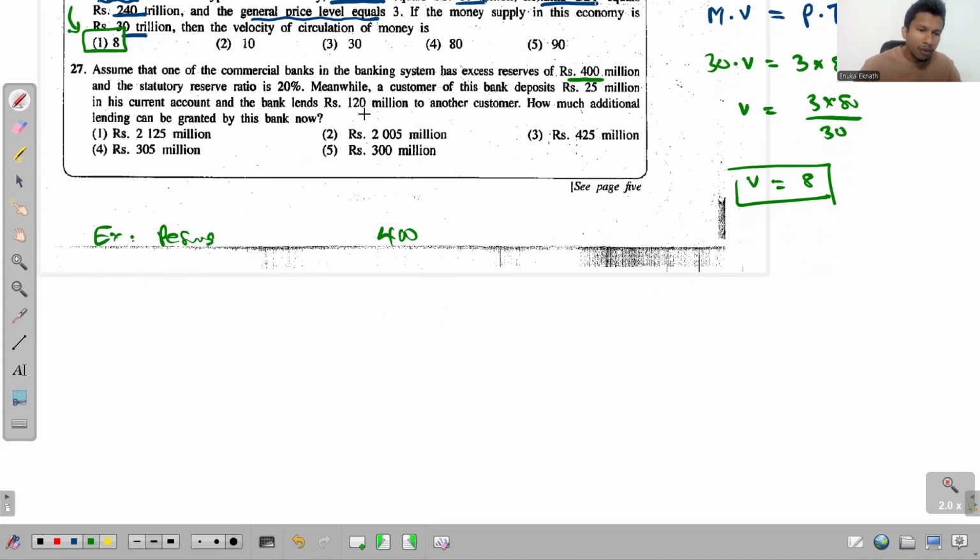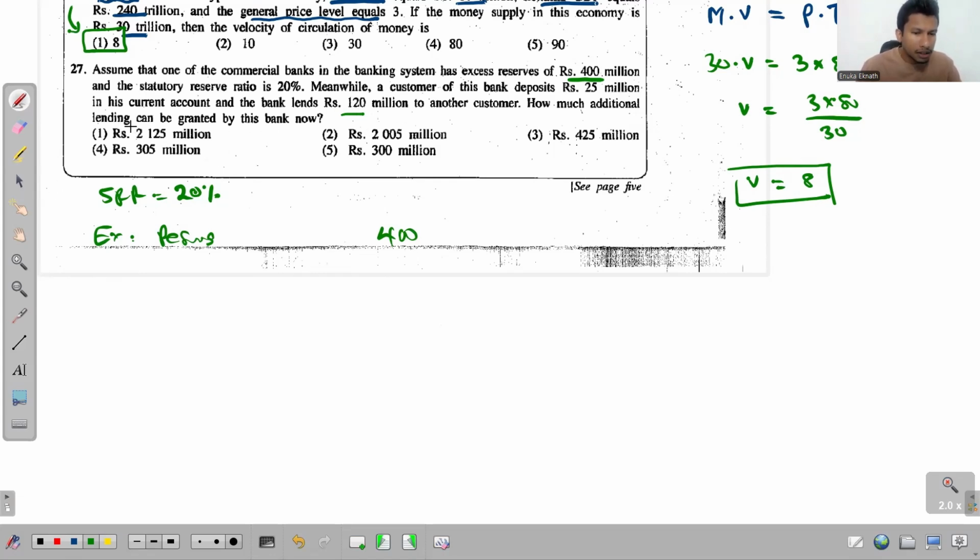And the statutory reserve ratio is 20%. SRR is also given to us, and that's just 20%. Meanwhile, a customer of this bank deposits 25 in his current account and the bank lends 120 to another customer. How much additional lending can be granted by this bank now?